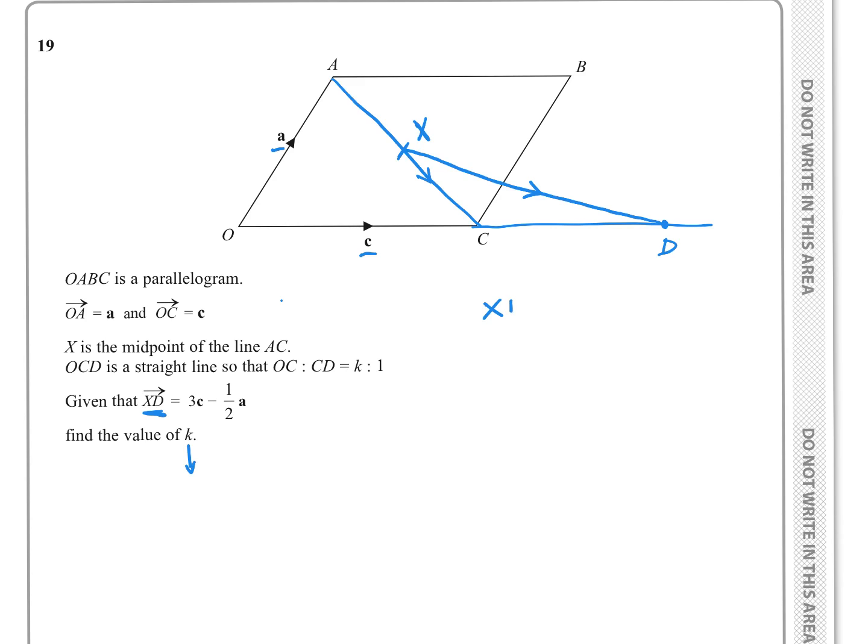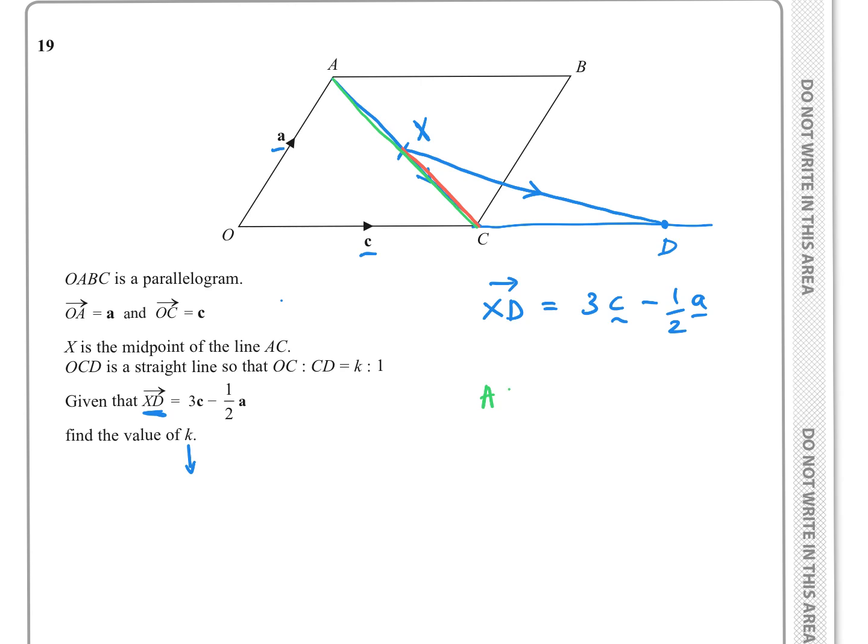So if we're given XD equals 3c minus a half a, we should be able to find XC, because we should also know what AC is. That's quite easy.